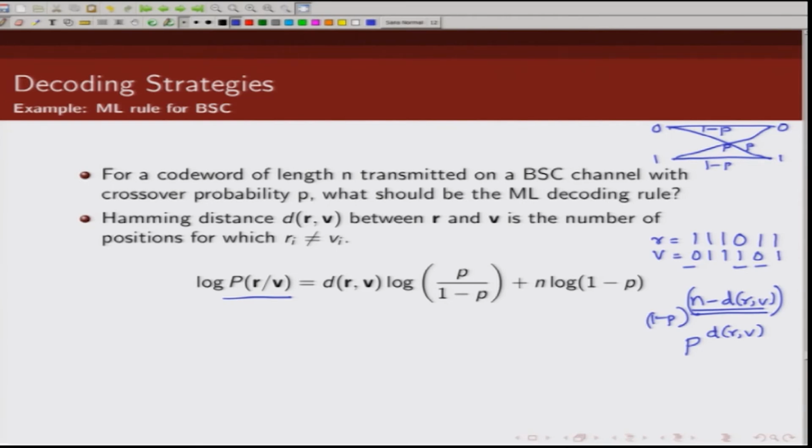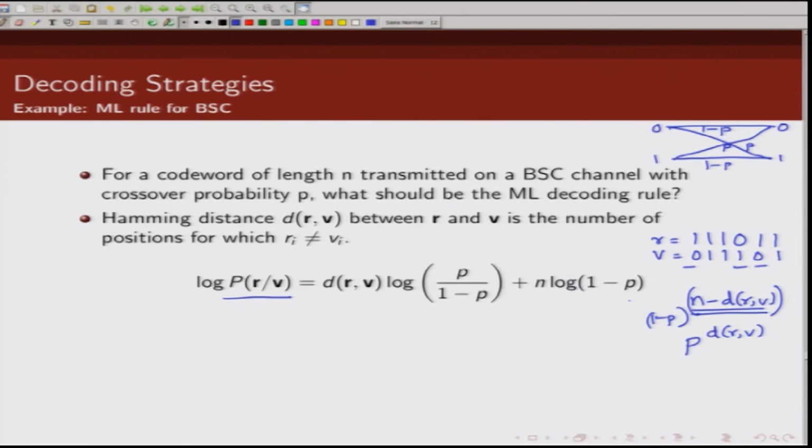Now, if we take log on both sides, this becomes n minus d times log of 1 minus p plus d times log of p. Now, we take the terms containing d(R,V) out. What we get is d(R,V) log of p by 1 minus p plus n times log of 1 minus p.